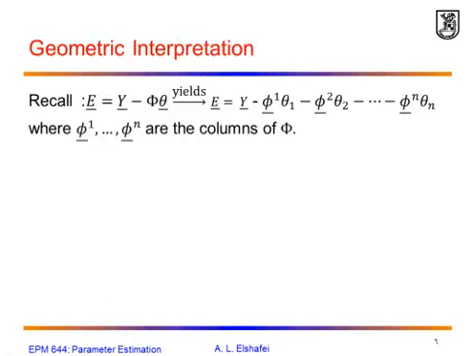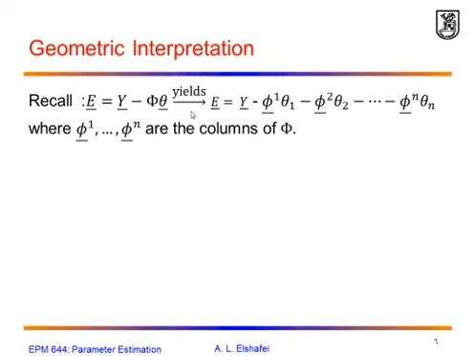Now let's talk about the geometrical interpretation. Now the residue is y minus phi theta. I can write this equation in another way. Since we are multiplying the matrix phi by a vector theta, this multiplication could be a summation of the elements of theta times the corresponding columns in phi.